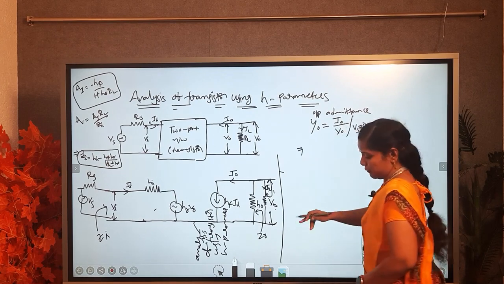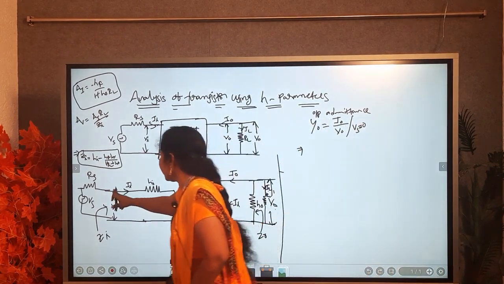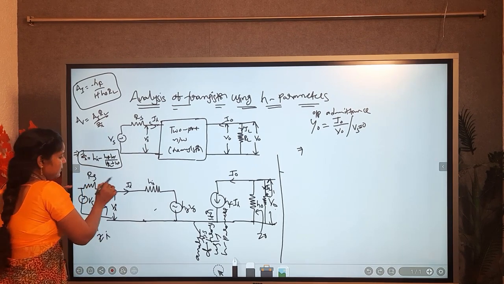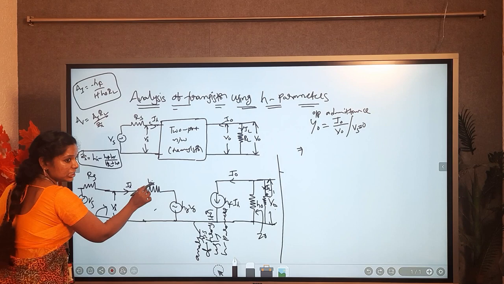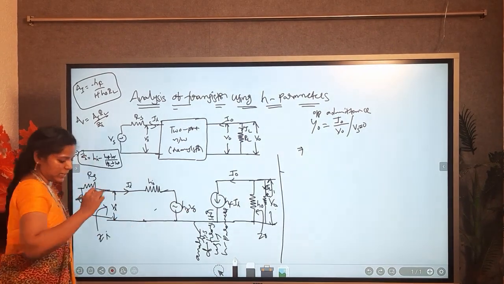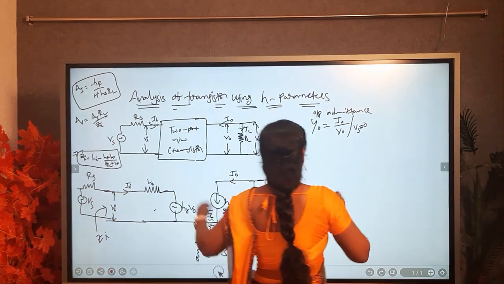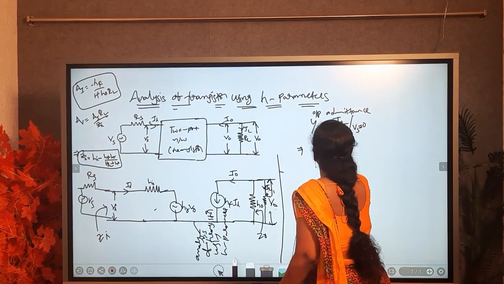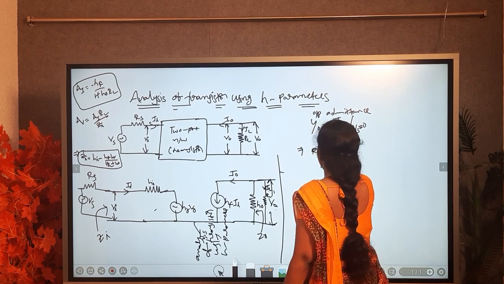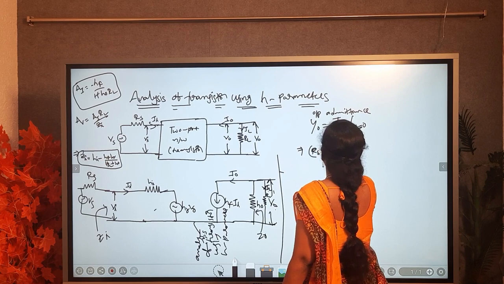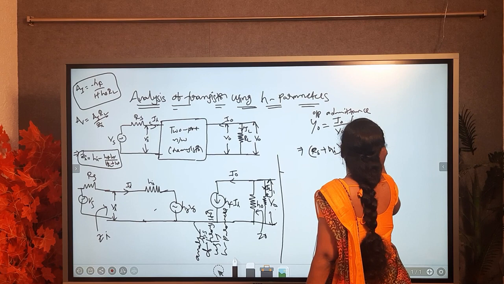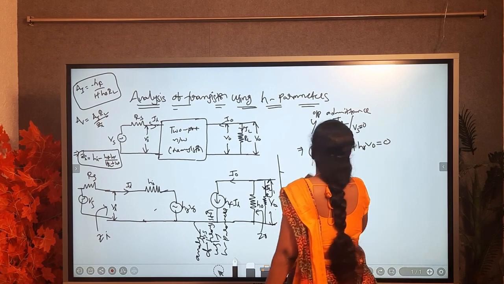That means if Vs equals 0, then Rs plus Hi into Ii plus HR V naught equals 0. From this circuit, Vs equals 0 means Rs plus Hi into Ii plus HR V naught equals 0.